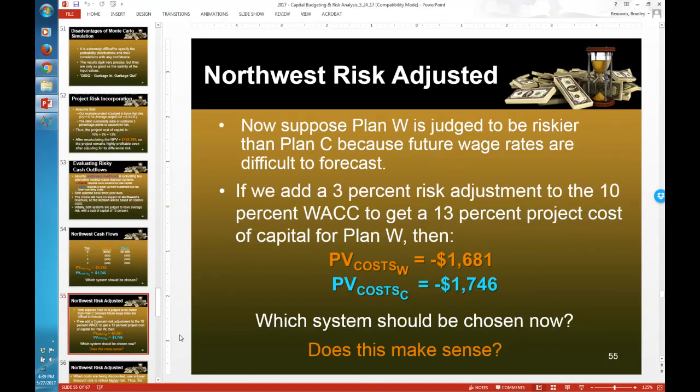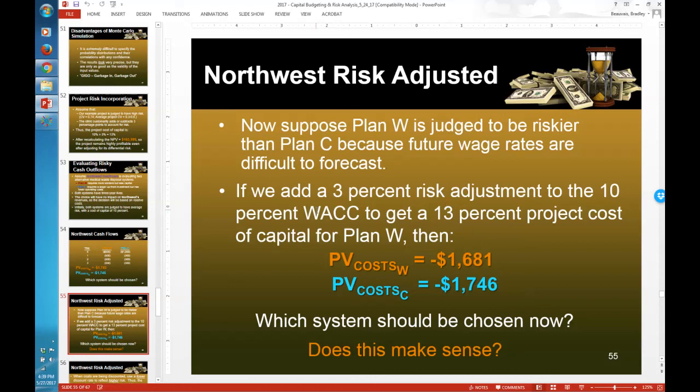Now, suppose that Plan W is judged to be riskier than Plan C because future wage rates are difficult to forecast. With that, if we do our normal risk adjustment, and we always adjust for risk on a normal basis by adjusting our discount rate up, right?